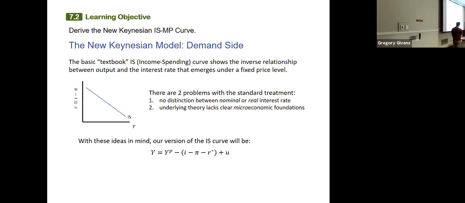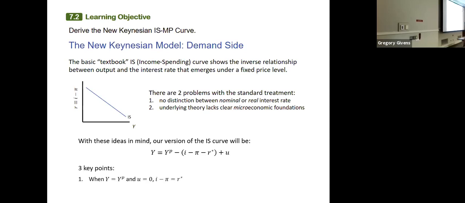Actual output is simply going to be equal to potential output minus the difference between the real interest rate, that's the nominal rate minus inflation, and R star. What is R star? That's the equilibrium real interest rate. That was one of the components of the Taylor rule, right? Plus U. U is going to be a demand shock, all right?